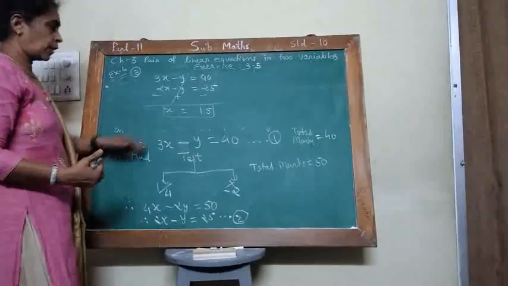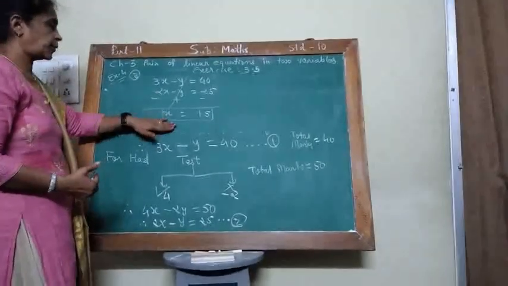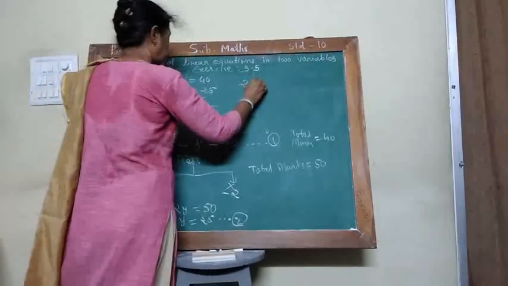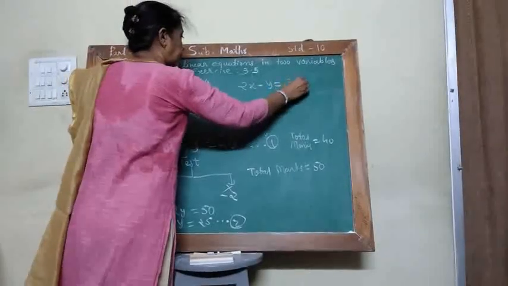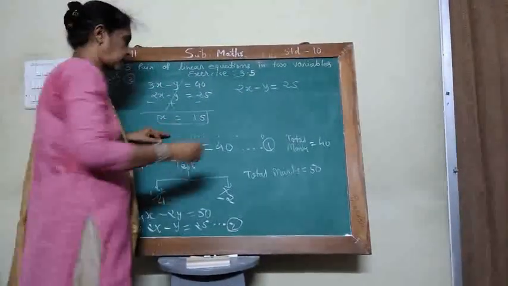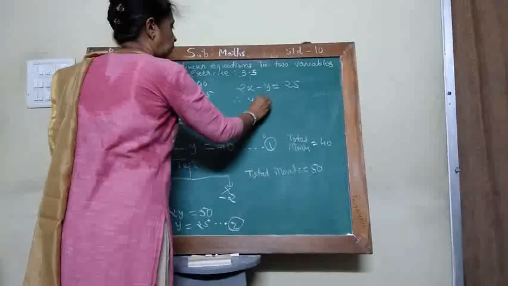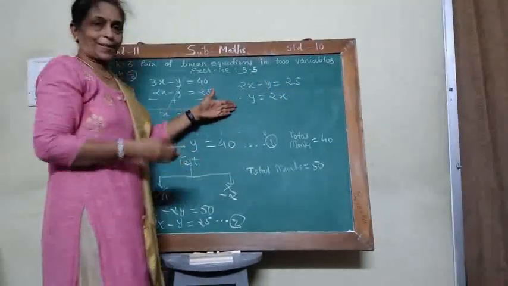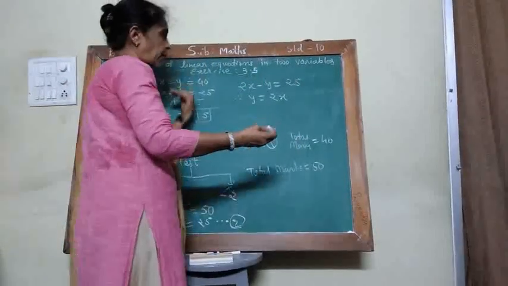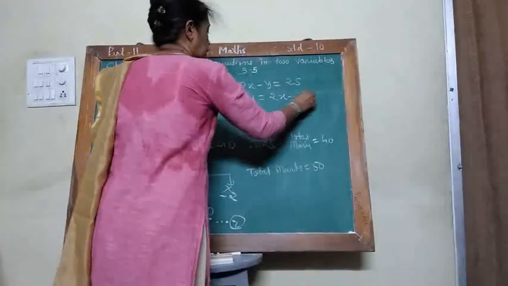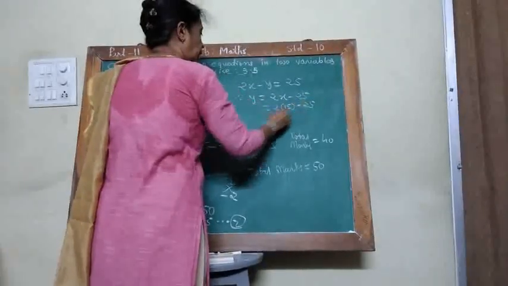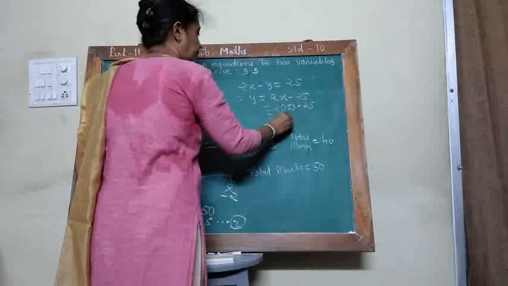Now I want to find y. So substituting this value in equation 2, you have to write: substituting x equal to 15. So y goes on this side, and 2x minus 25 is equal to 2 into 15 minus 25, 30 minus 25 is 5.